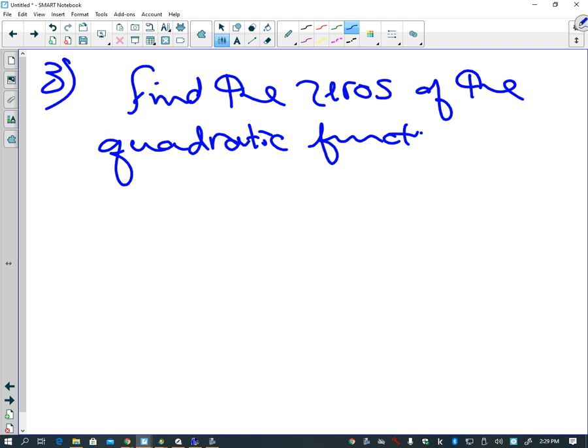Somebody give me a number between 1 and 10. 5? Okay. Give me another number between 1 and 5. Okay. Find the zeros of the quadratic function 25x squared minus 9.